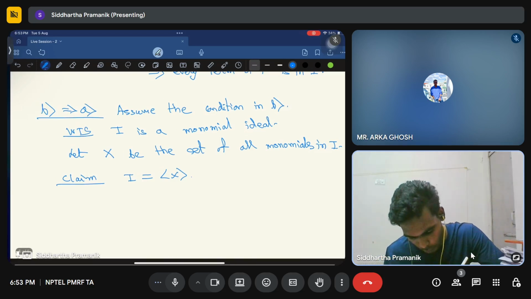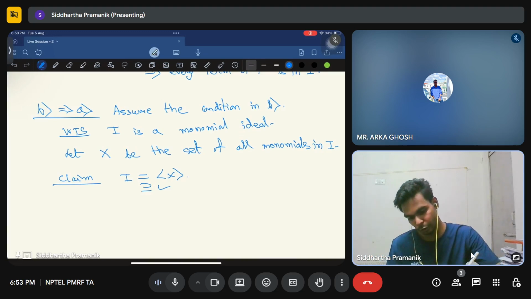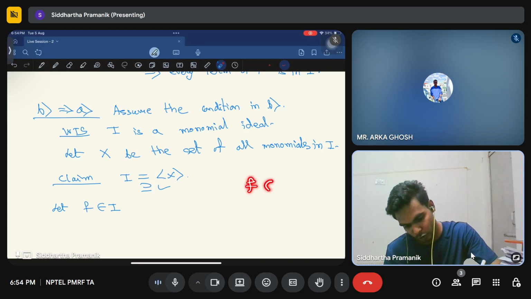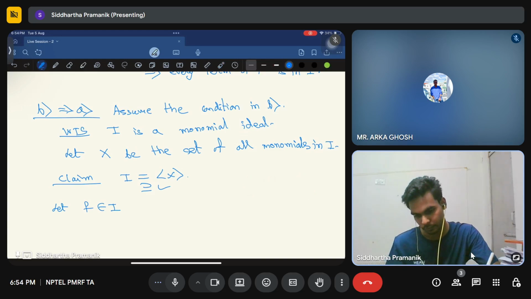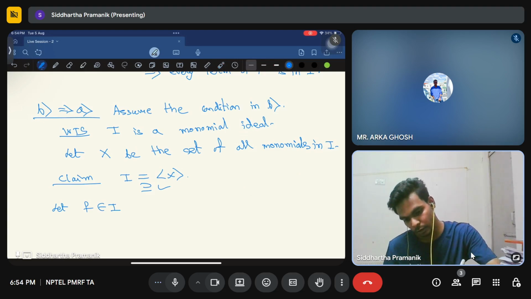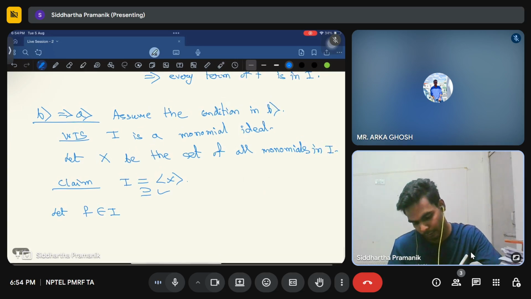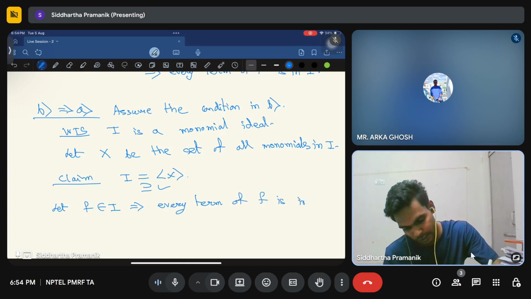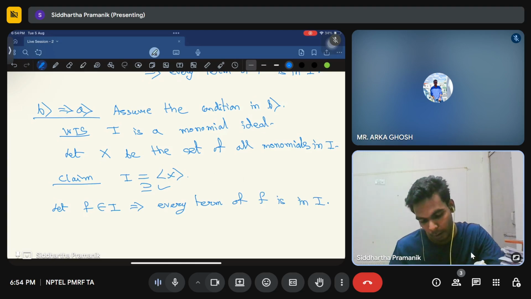So again one side is clear, so we need to prove the reverse containment. So let F be an arbitrary element of I. So we need to prove that this F belongs to the ideal generated by X. Now by the condition, F is in I implies every term of F is in I. But term means monomials, right?